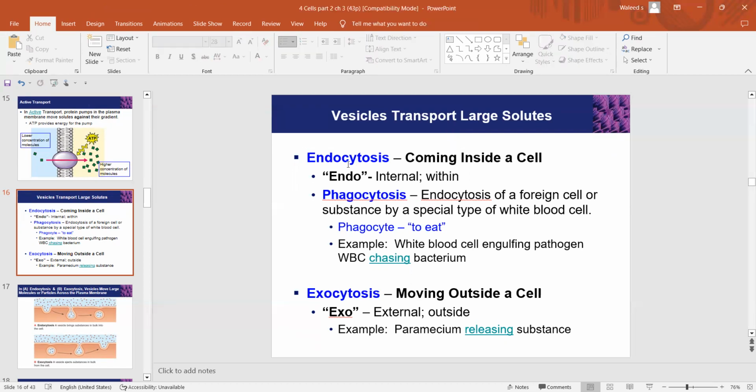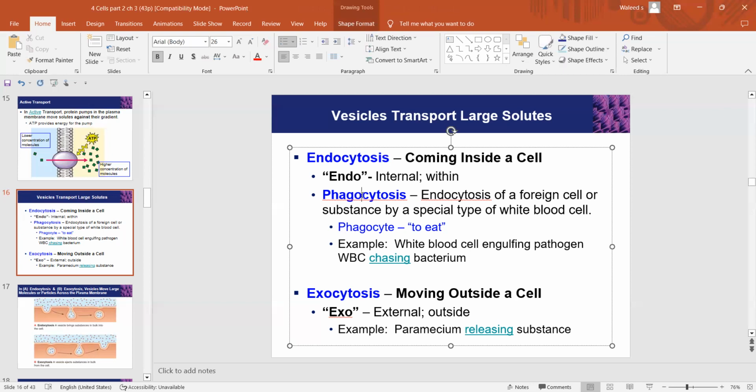If you're moving something, endocytosis means something is outside and you move it in. Is that active or passive? We're talking about active now, because this is something big enough that you cannot diffuse it. Depending on the nature of what you're moving in, if it is something solid, we call it phagocytosis.